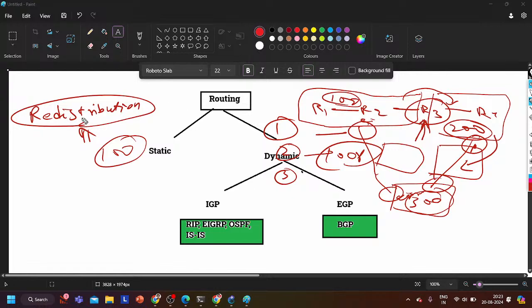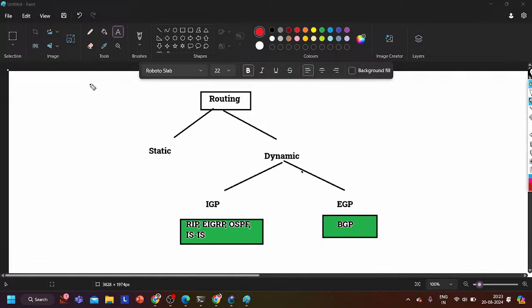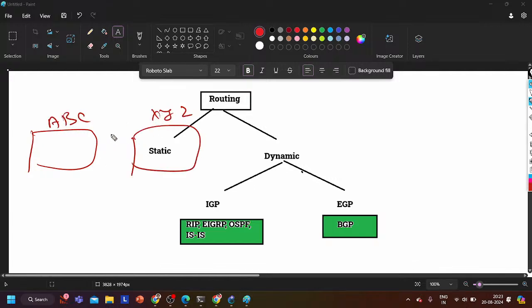Generally, where are we using redistribution, guys? Redistribution is good for connecting 2 to 4 small companies, let's say up to 5 small companies, and even then not to advertise all prefixes. Like I have 2 companies, ABC and XYZ, and I'm going to merge these 2 companies' networks together.